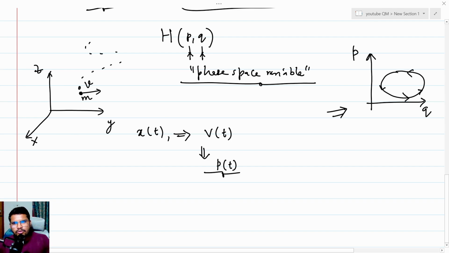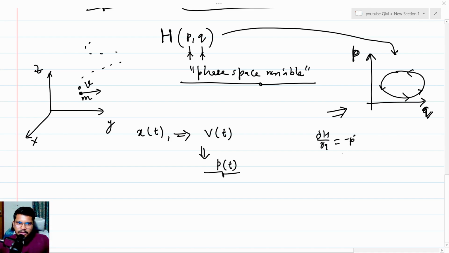Now, we are going to use the Hamiltonian structure and try to devise some kind of a phase space that depends on two independent quantities, p and q, and they are going to be interrelated by solving the equation of motion that we have already done, right? Because ∂H/∂q becomes minus p dot, and ∂H/∂p is going to be q dot, correct?